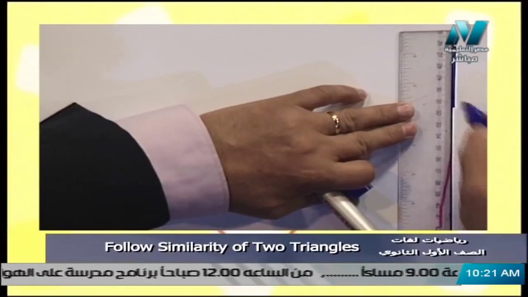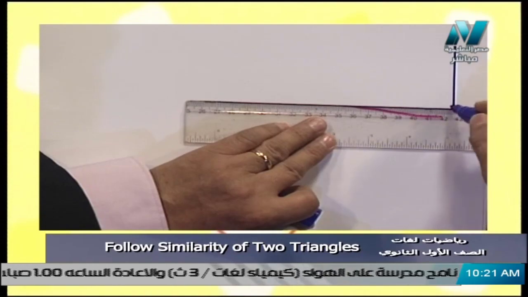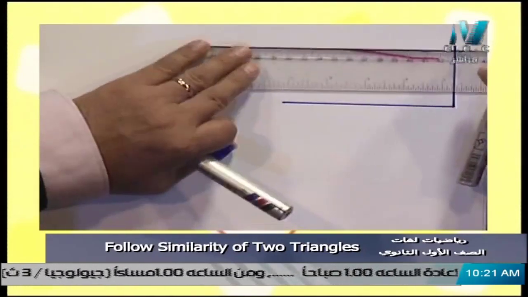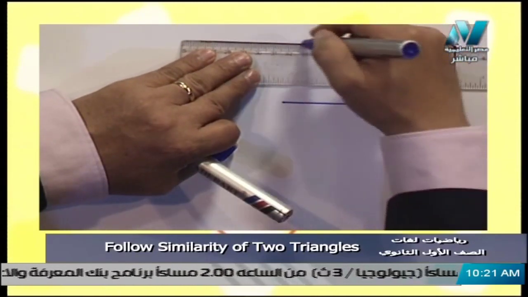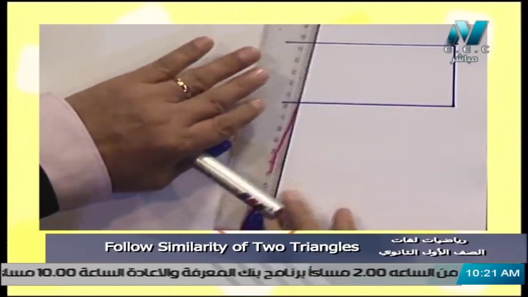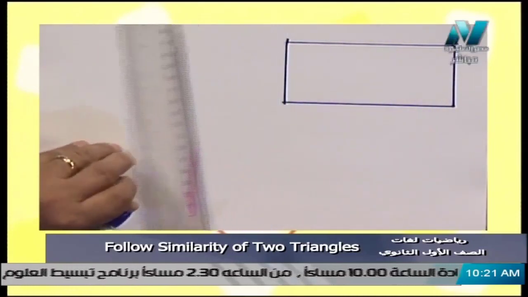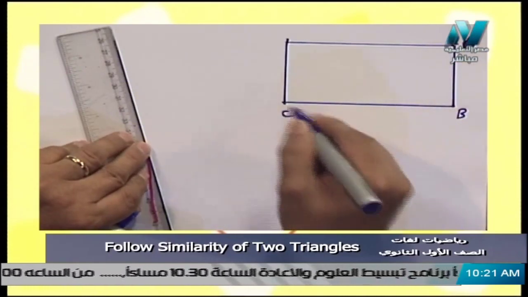If we have a rectangle like that, we have a rectangle here, A, B, C, and D.